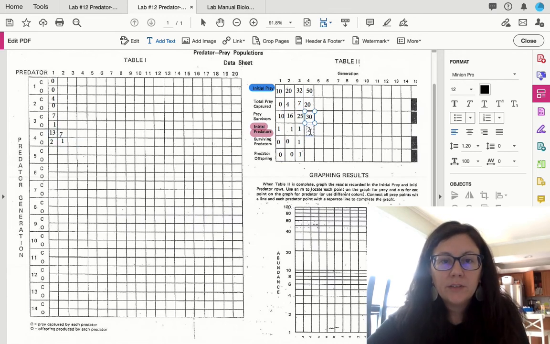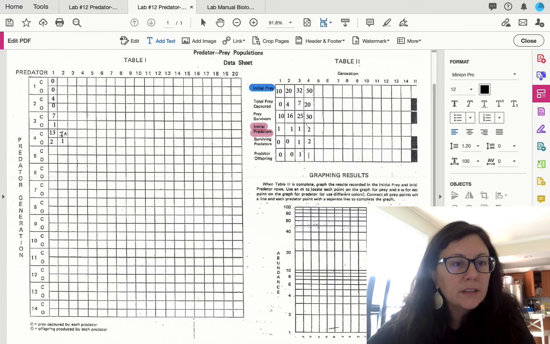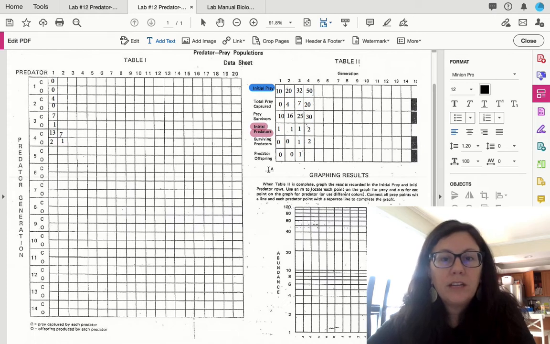Those initial 2 predators survive, and they're able to produce 2 and 1 offspring. So there's 3 additional offspring total.